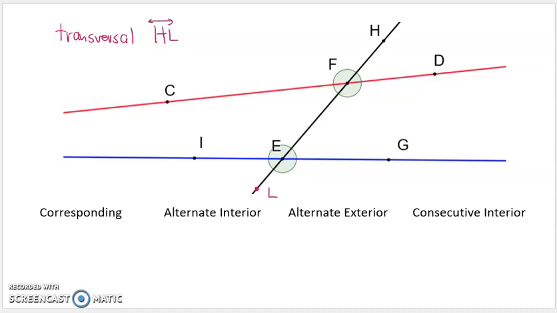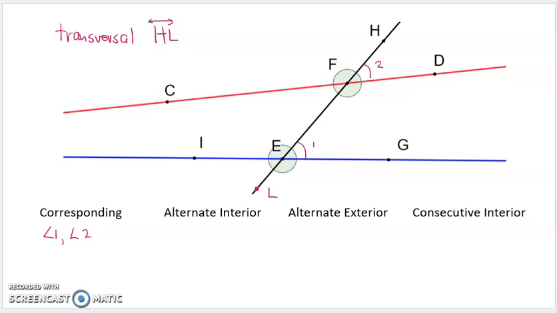So angles that are in the same position around the vertex. For example, angle 1 and angle 2 are both in the upper right-hand side of that vertex. They'd be considered corresponding angles. So angles 1 and 2 are called corresponding angles.